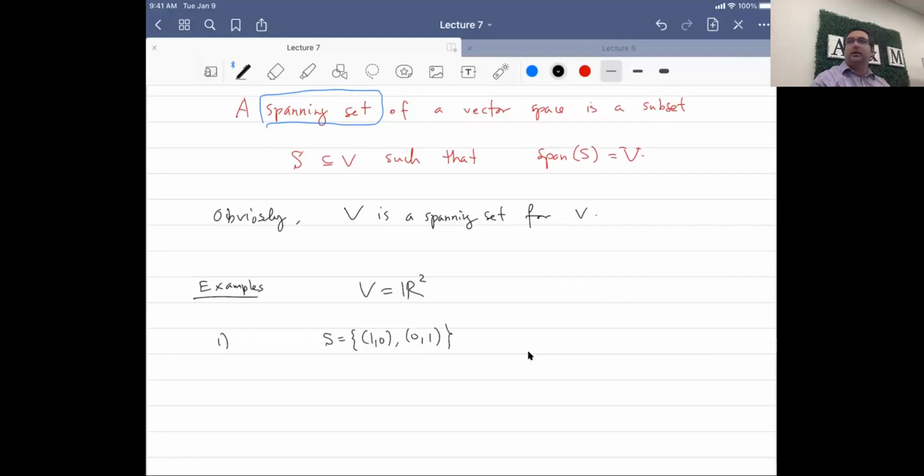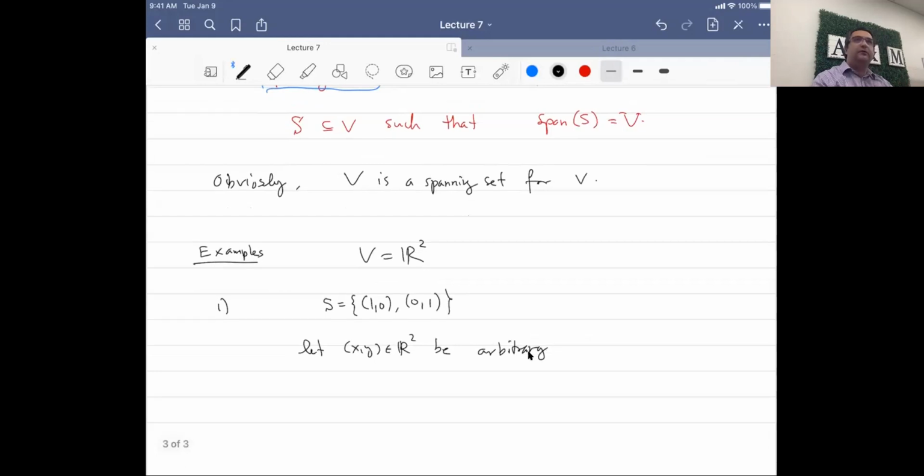Why is this a spanning set? All we need to show is that any arbitrary vector (x, y) can be written as a linear combination of these, which everybody knows how to do. (x, y) is how many times (1, 0) plus how many times (0, 1)? If you can show a linear combination can be generated, then you're showing that R2 is spanned by this set S.